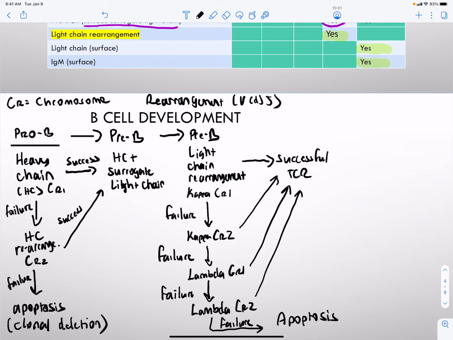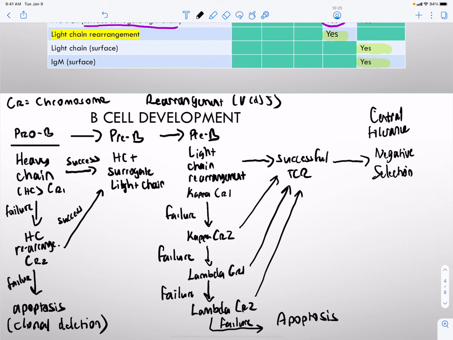Okay, so now you have a successful B cell receptor. And so it does have to go through another process, which we'll talk about in more detail in just a moment, but it is referred to as negative selection. Now this is going to be central tolerance.